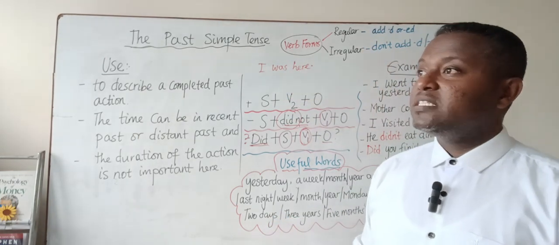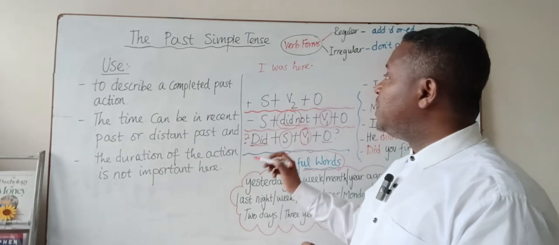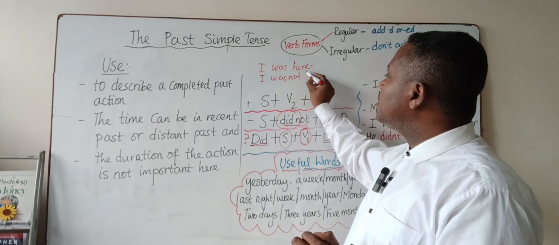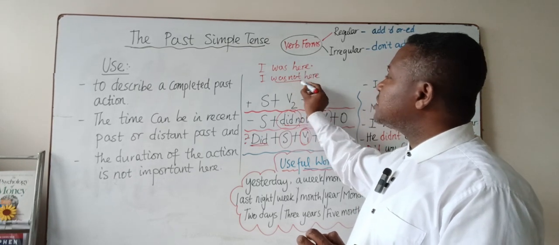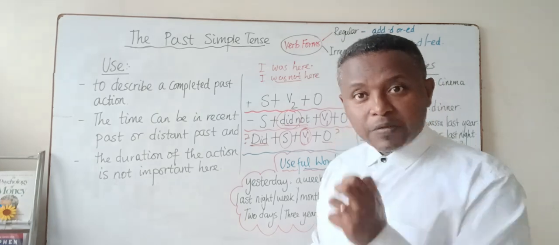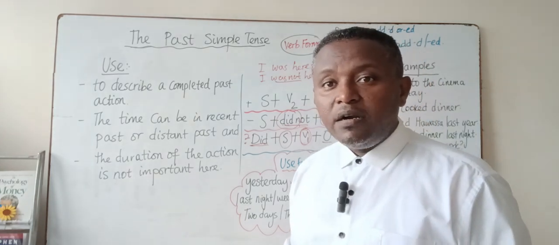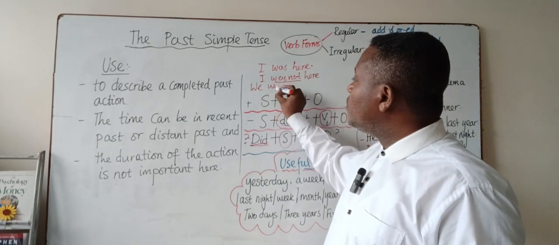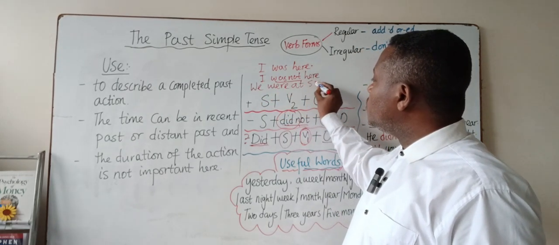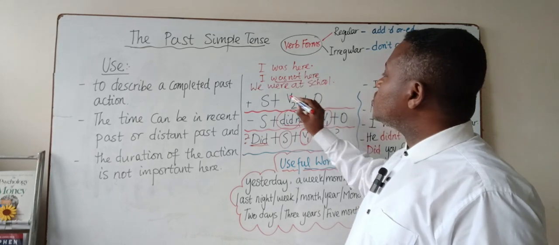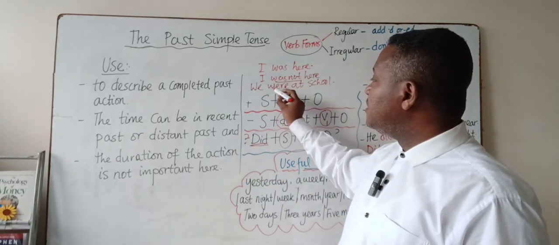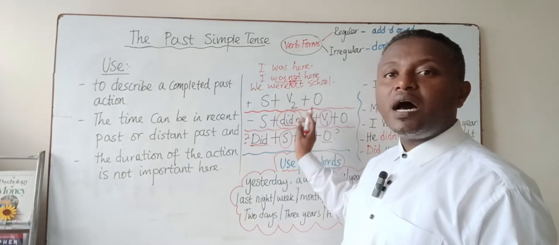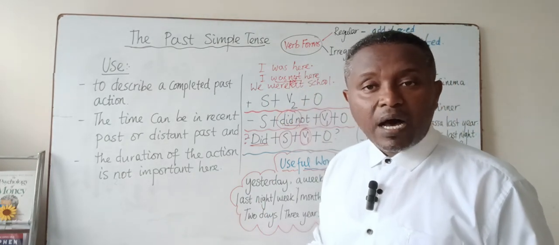If it is the past simple like this, we make negative: I was not here. Was not. We were at school. If that is the sentence, to make this negative, we simply add not here. So we were not at school.